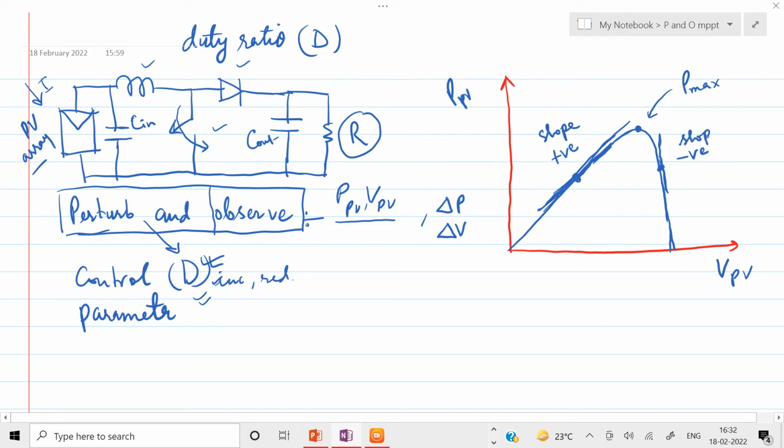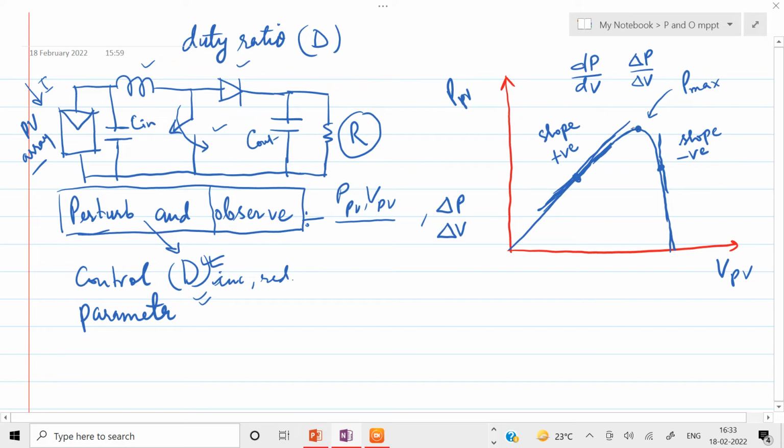So what is slope? Slope is basically dP upon dV, isn't it? That is for a continuous waveform. But when we go for discretization of this method, then we have to take delta P by delta V, the average slope, not the instantaneous slope.